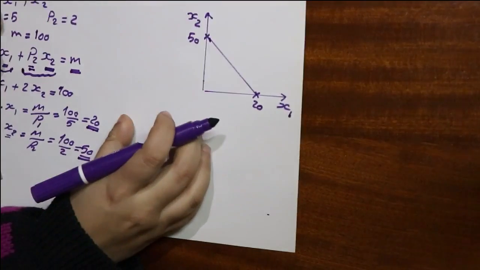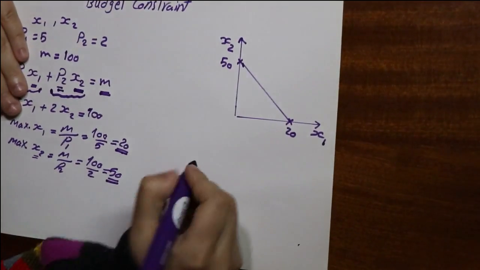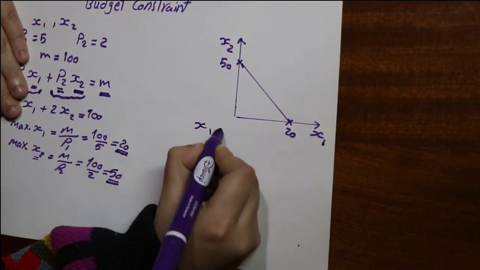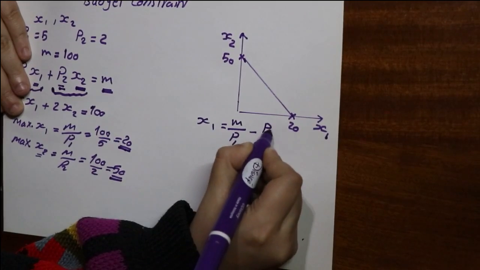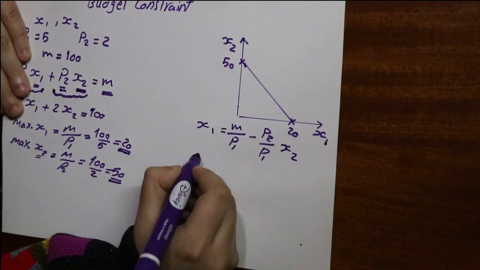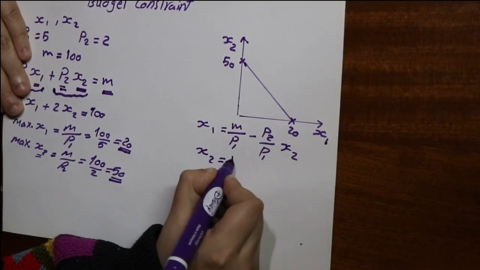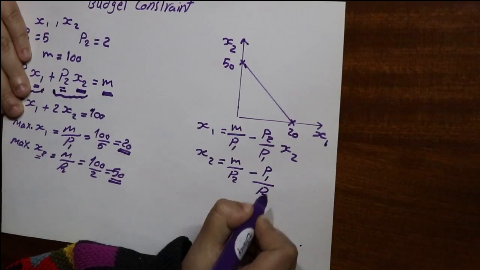We have two equations of the budget line, which are x1 equals m over b1 minus b2 over b1 x2, and x2 equals m over b2 minus b1 over b2 x1.